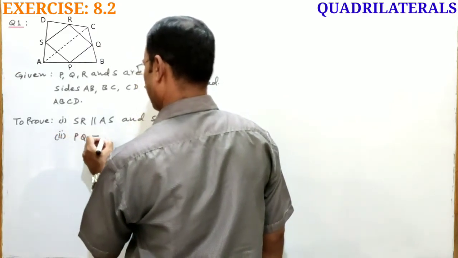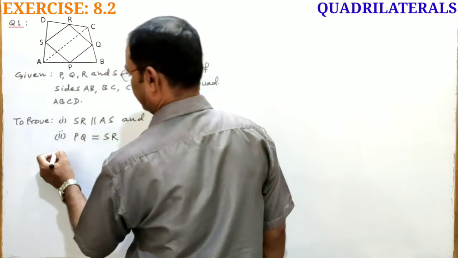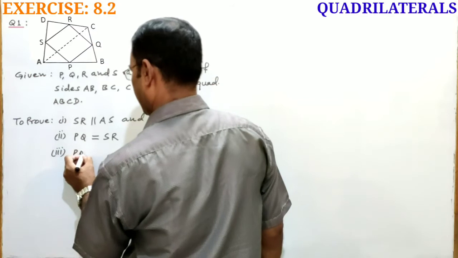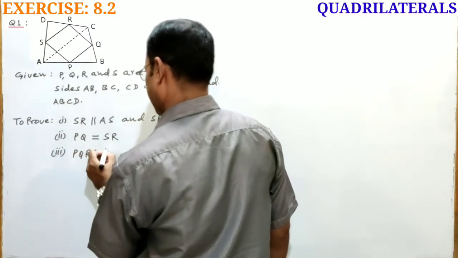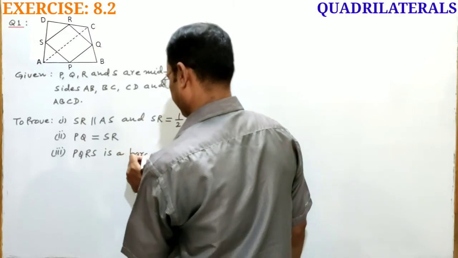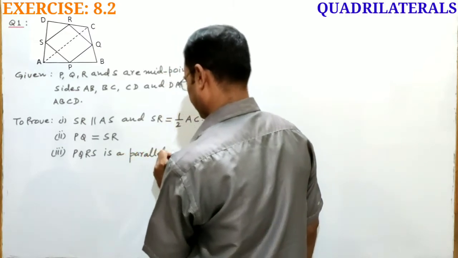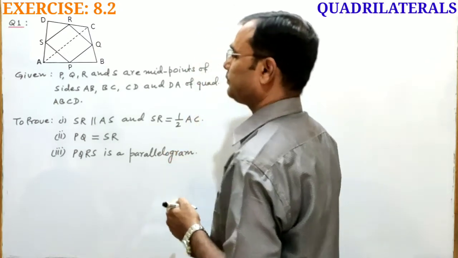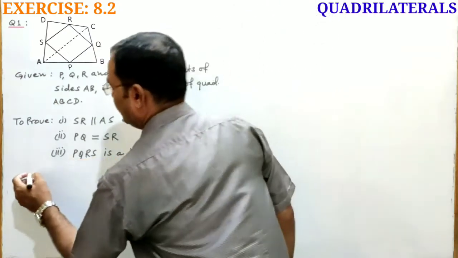PQ is equal to SR and PQRS is a parallelogram. Proof.